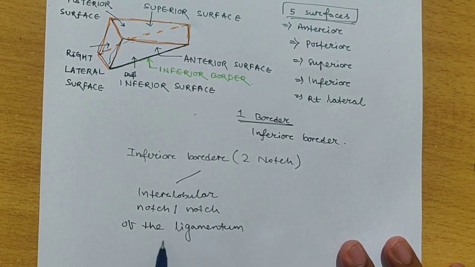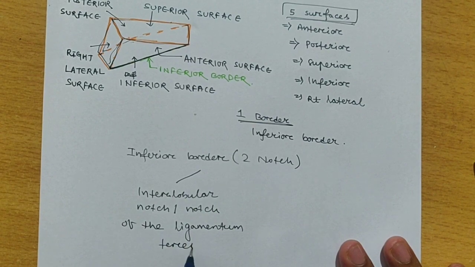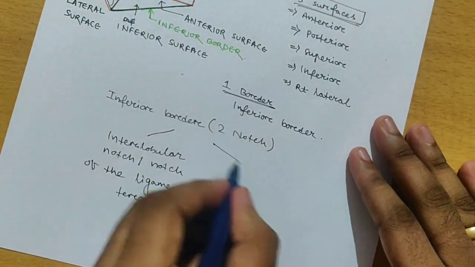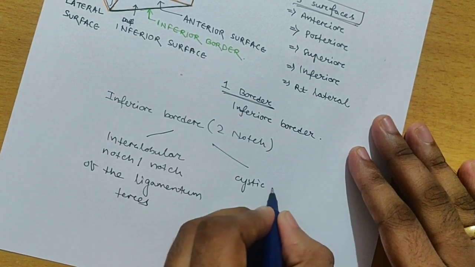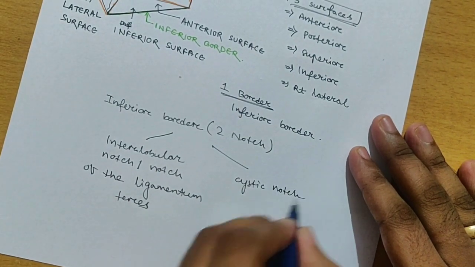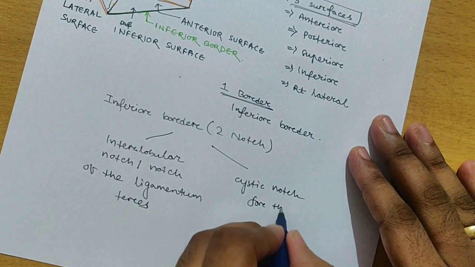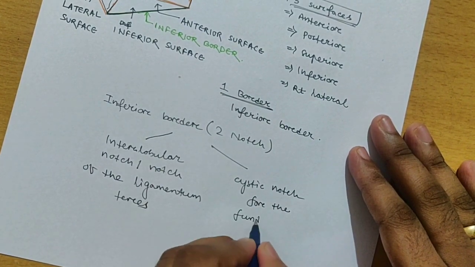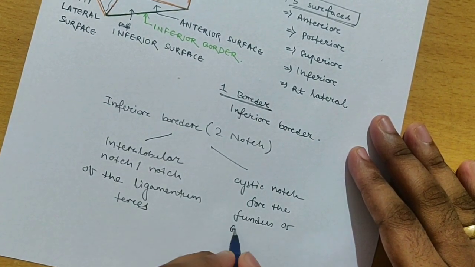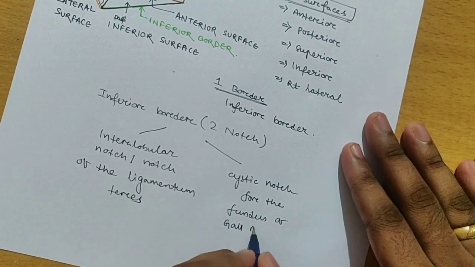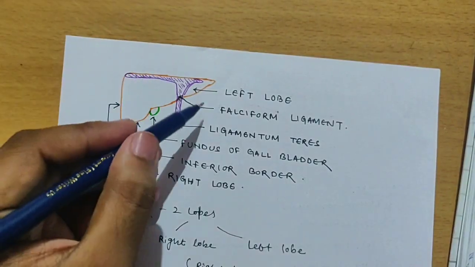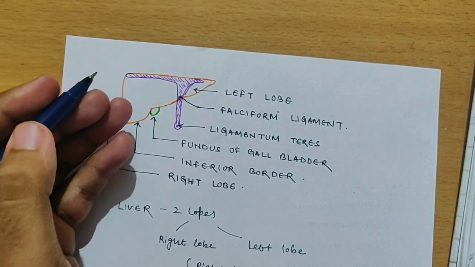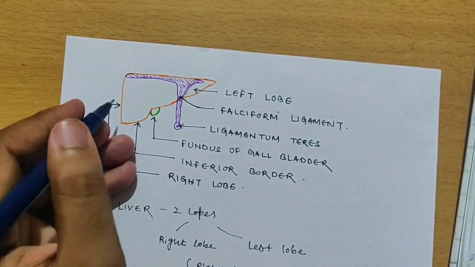And the second one is the cystic notch for the fundus of the gallbladder.